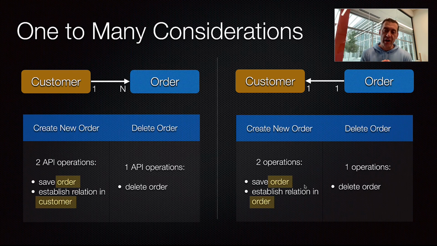However, from the client-side perspective, whenever you are requesting Backendless to create this relationship, saving the order and creating the relationship with the child could be optimized where it would result in less logic or less code that you need to write. And as a result, this specific option would actually be the preferred one, the one that will result in less code to write.